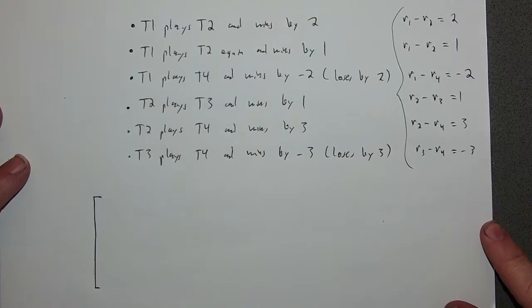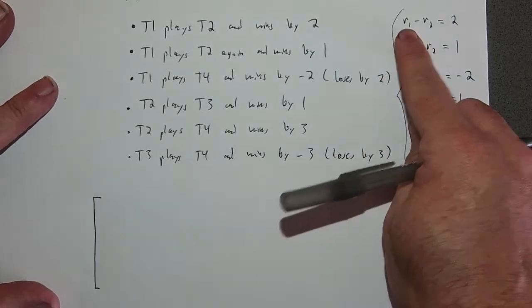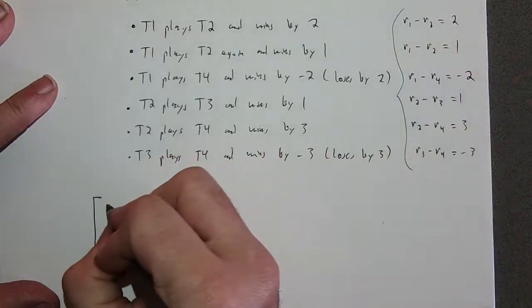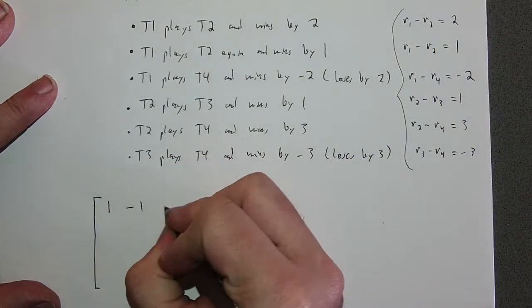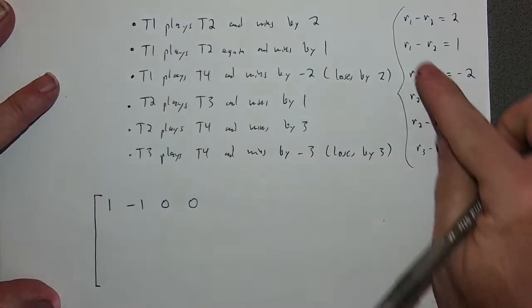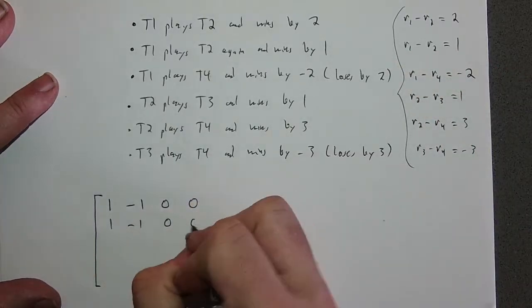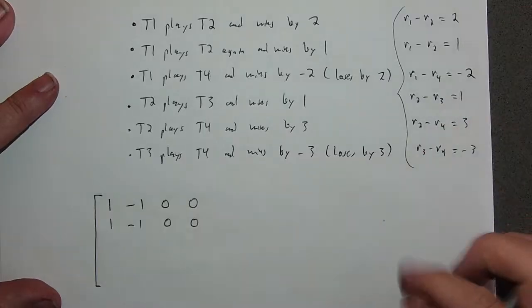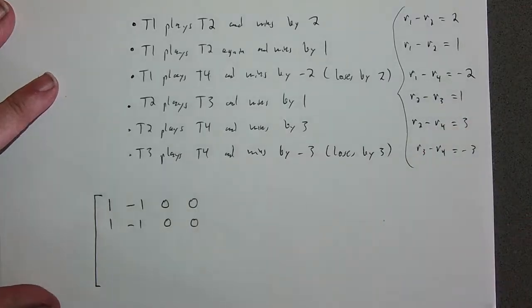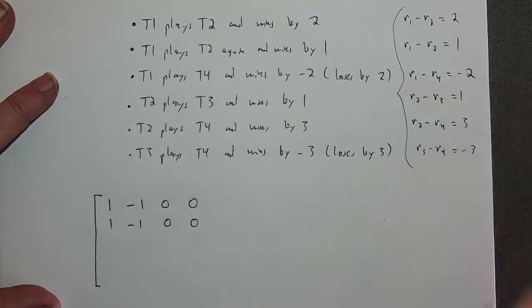So what does this look like? This would be 1, -1, 0, 0. Then 1, -1, 0, 0, the exact same copy because it's the same equation. So the only difference between these two is the right-hand side, which will be on the other side. Next, I have 1, 0, 0, -1.